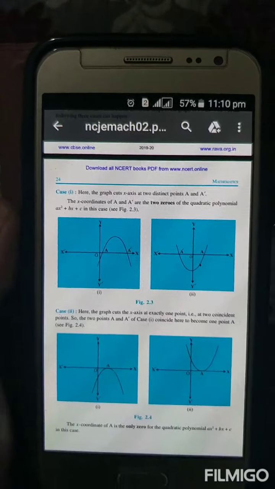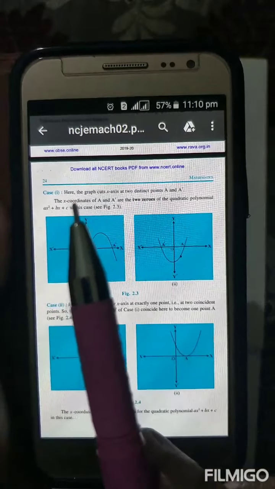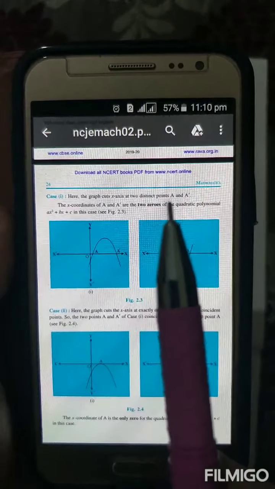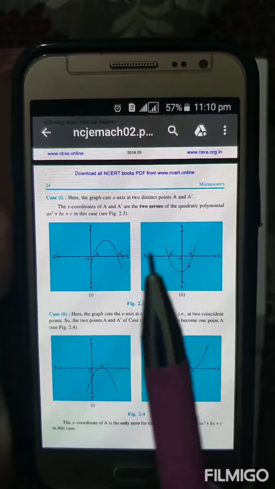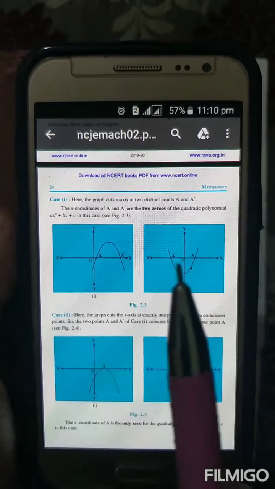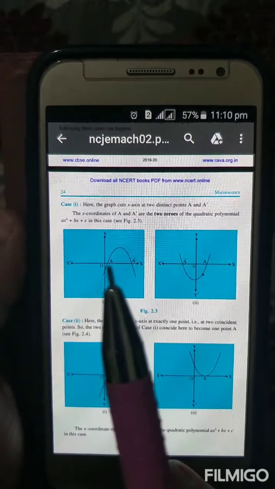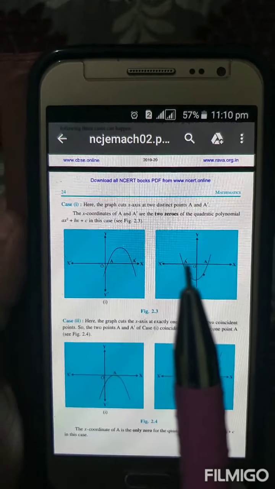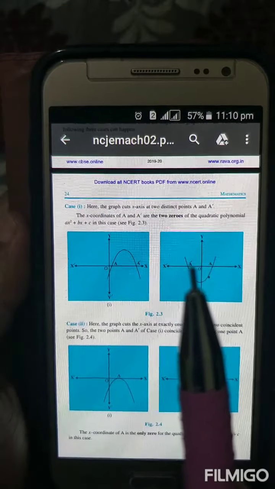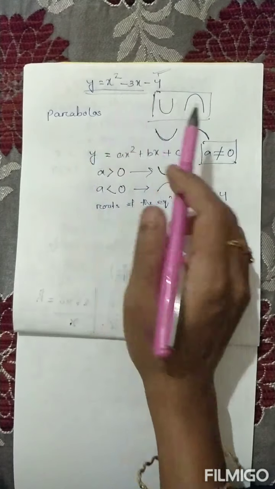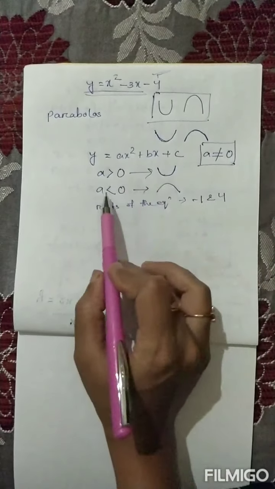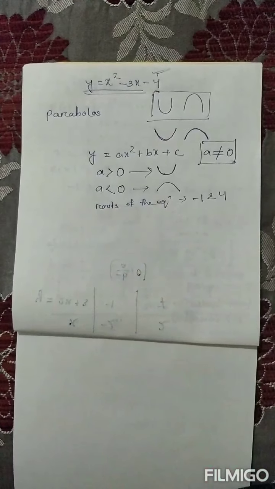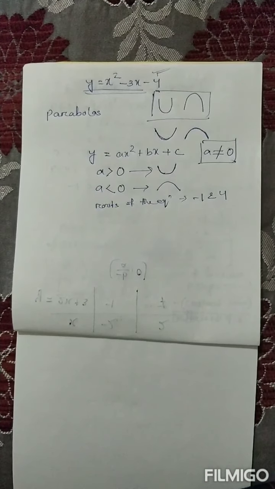See, case 1, here the graph cuts x-axis at two distinct points, A and A dash. Here is A and A dash. Clear? Case 1, that means the same case we have discussed here. One is A greater than 0 this type, and A less than 0 this type. So this is clear. I have already explained you.